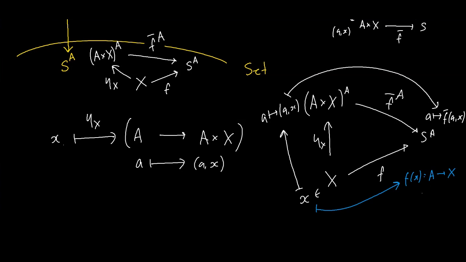It maps small a where? It maps small a to f of x applied to that small a, right? These two mappings have to be the same mapping. Doesn't that mean that f bar of ax must be equal to f of x applied to a?